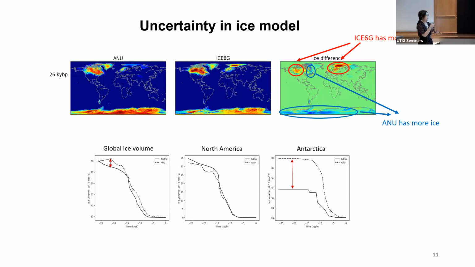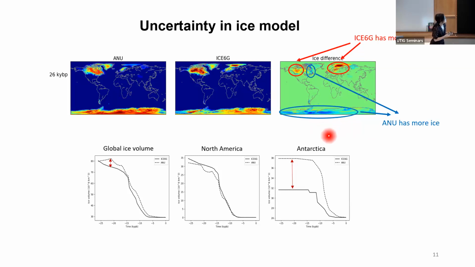I simply compare the NU ice and ISG ice. Here you can see the last glacial maximum spatial distribution of these two ice models, and this is the difference between them. They differ a lot, right? The ice height around Fennoscandia and also Antarctica differs.